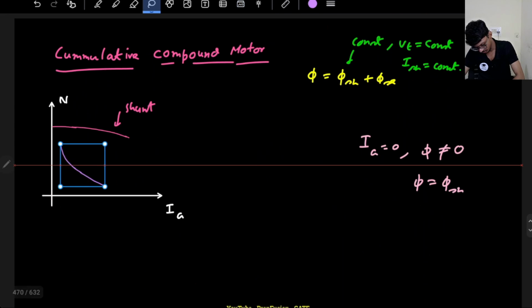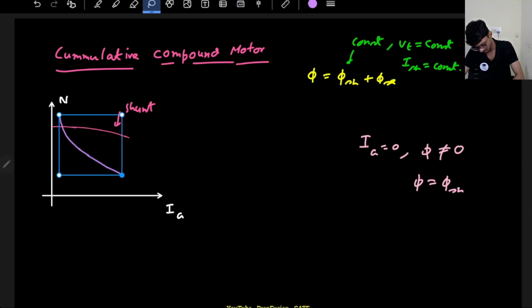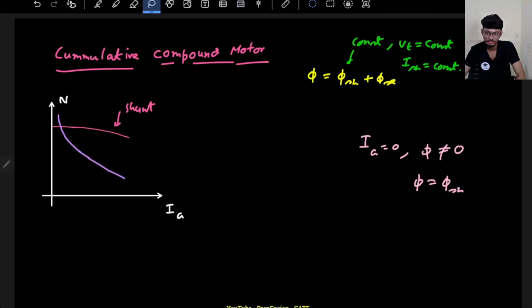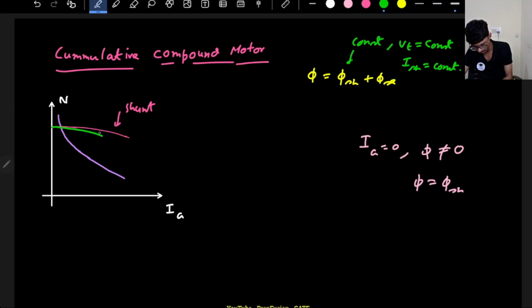Correct. So initially the speed will be very high, right? Initially the speed will be very high. So the cumulative compound motor will be somewhere in between, just like this. So no load will just be same as shunt because no load flux will be same for both of them, and after that it will drastically reduce basically.